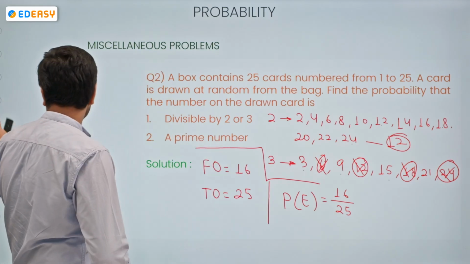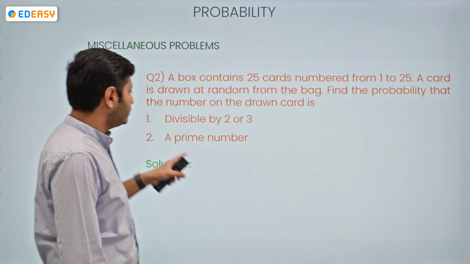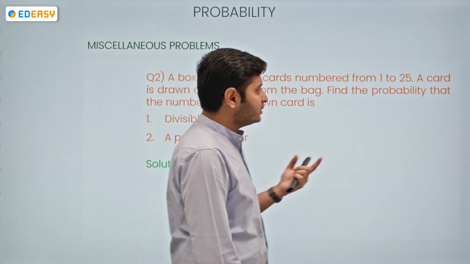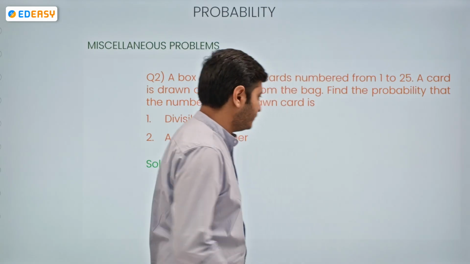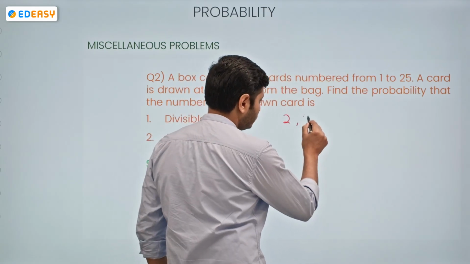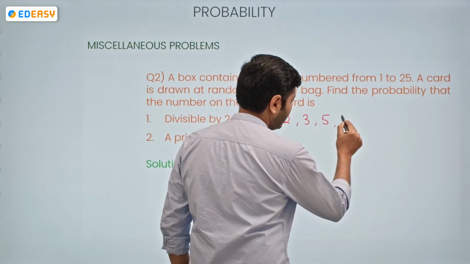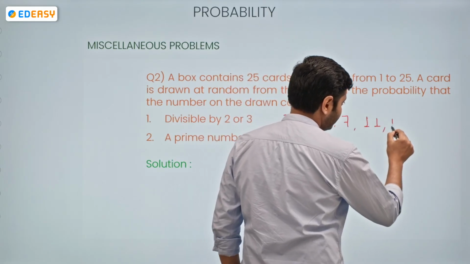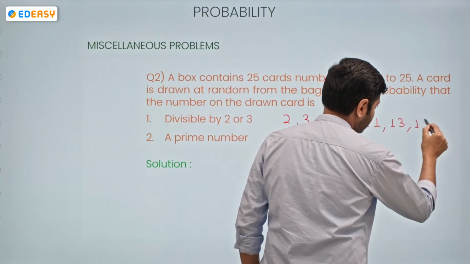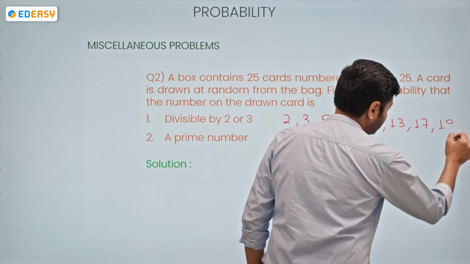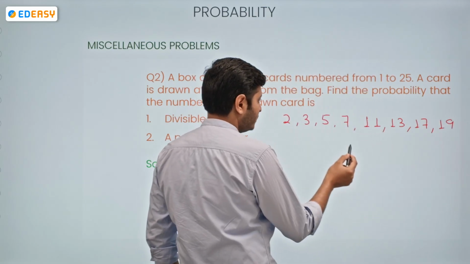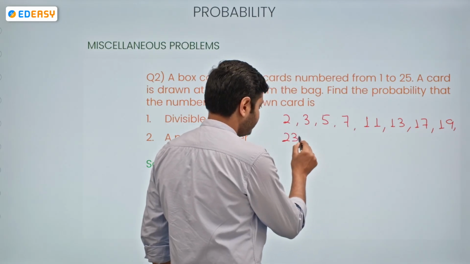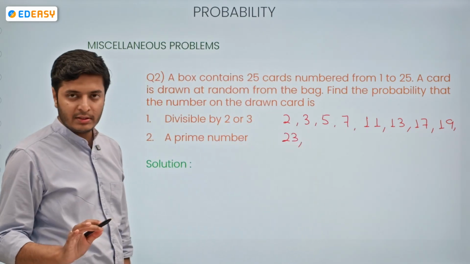Second part is that we need to find the probability of getting a prime number. What are the prime numbers in between 1 to 25? Let's make a list. 2, 3, 5, 7, then 11, 13, 17, 19, then 23. These only.